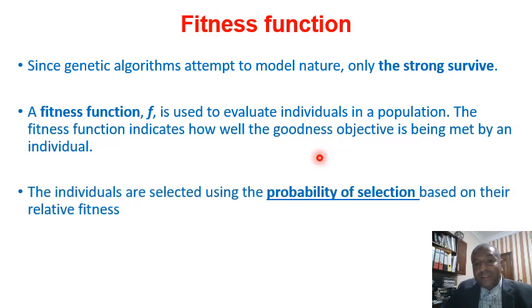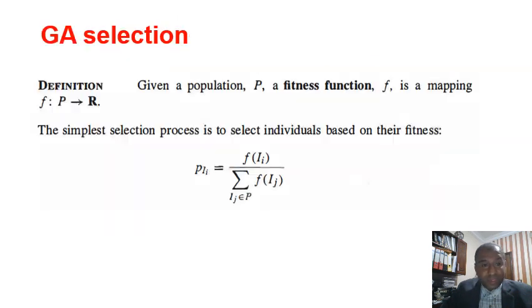How to select, then? For each individual we calculate the fitness function, and then we compute the probability of selection using a very well-known mechanism called roulette wheel. Here we have a very simple equation used for roulette wheel selection.